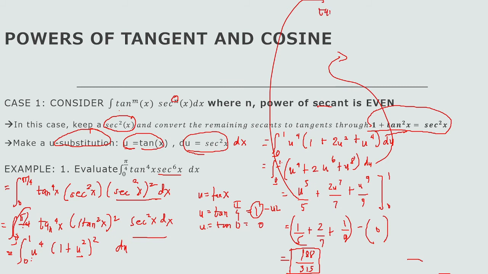If you're going to change it back to tan 5x over 5 plus 2 tan 7x over 7 plus tan 9x over 9, you should change it back to its original form, pi over 4. So that's the time that you use 0 to pi over 4 as the limit. So it's very convenient for us to use substitution and change the limits so that we can easily find the correct answer.